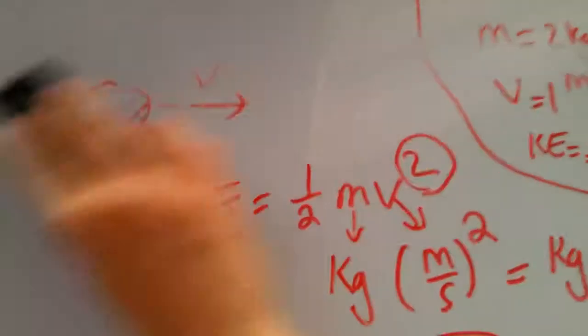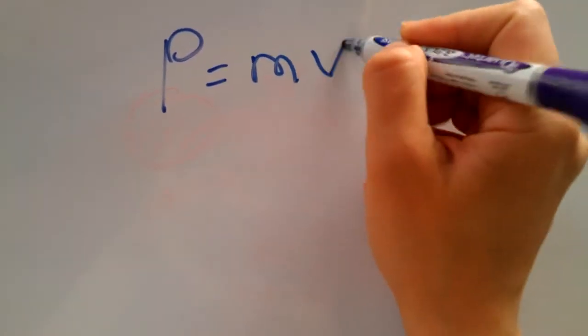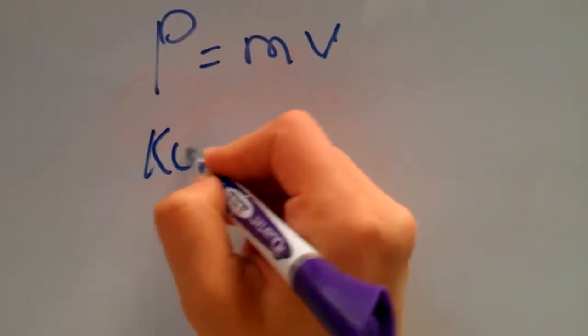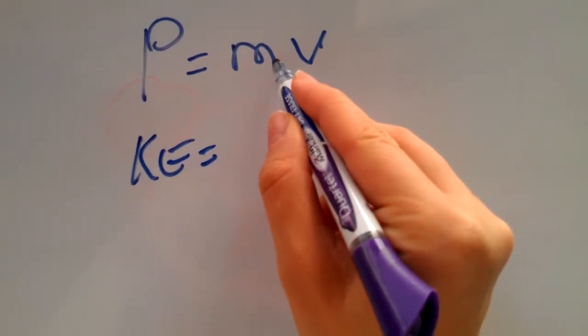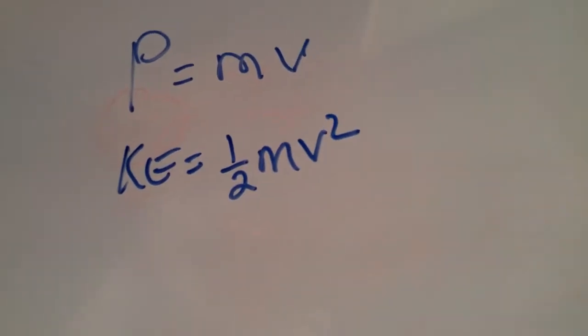But now let's move on with the concept of energy. Before I talked about momentum and the fact that momentum is mass times velocity. Now kinetic energy also has mass and velocity, but with a different shape and form.